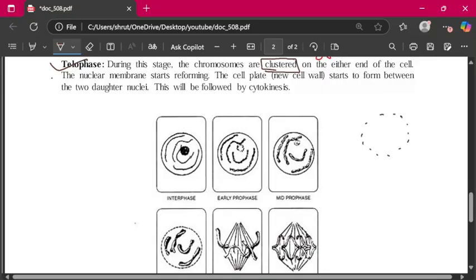starts reforming, and the chromosomes are clustered here on either end. So here the chromosomes will be in a clustered format.